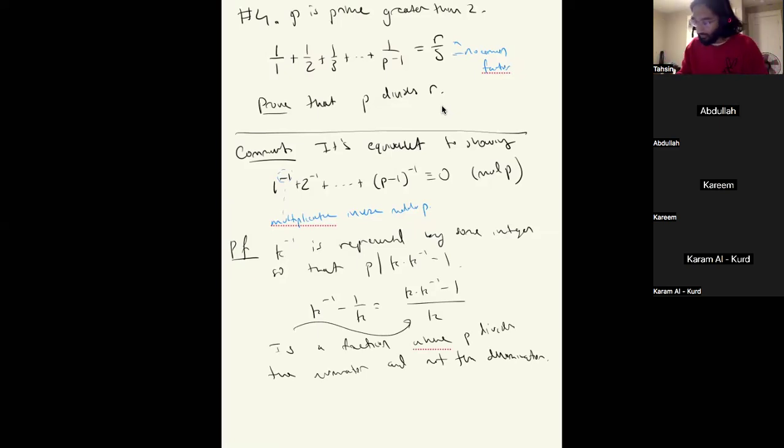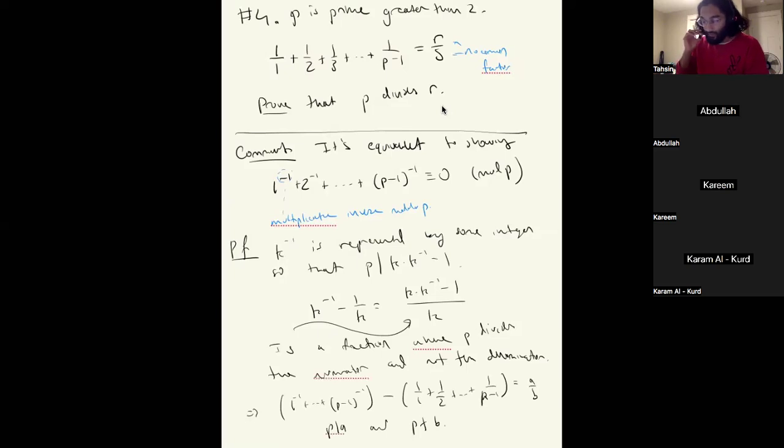In particular, if I take 1 inverse plus all the way to P minus 1 inverse, and compare this with 1 over 1 plus 1 over 2 plus all the way to 1 over P minus 1, this is also going to be a fraction, let's say A over B. Then P divides A, and P does not divide B.